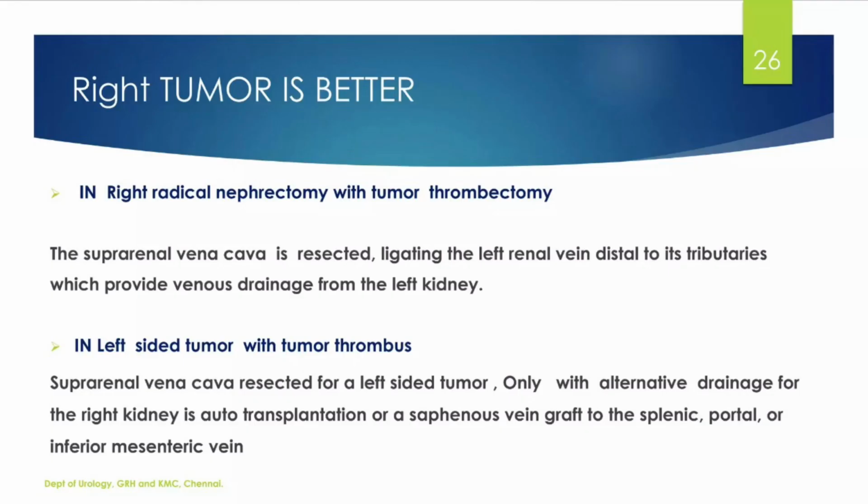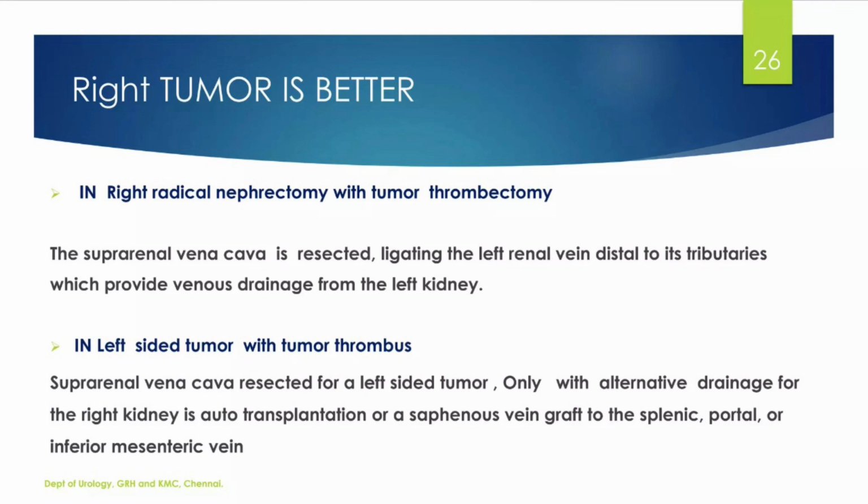So the left side kidney has three collateral drainages: it can drain from the gonadal vein, which we also call the testicular vein, the adrenal vein, and the inferior phrenic vein. So these three can still give drainage to this kidney.